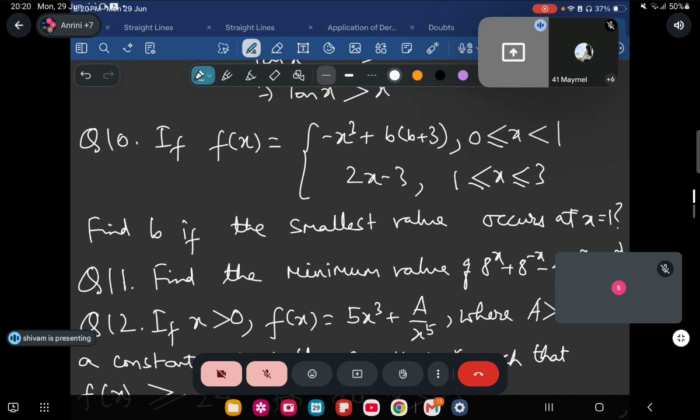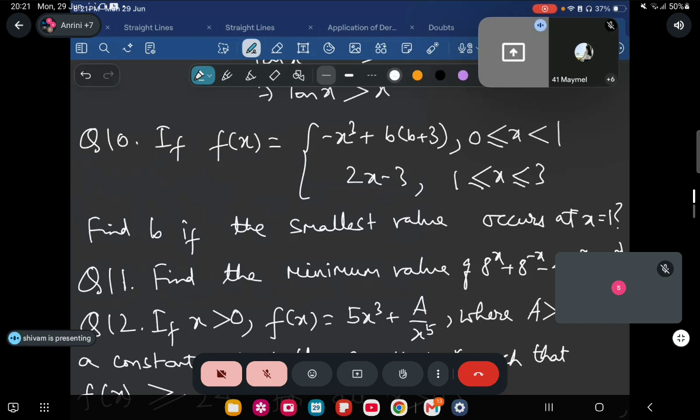So only Sarthak, Memel, and Raktim is left. Memel, what is this?